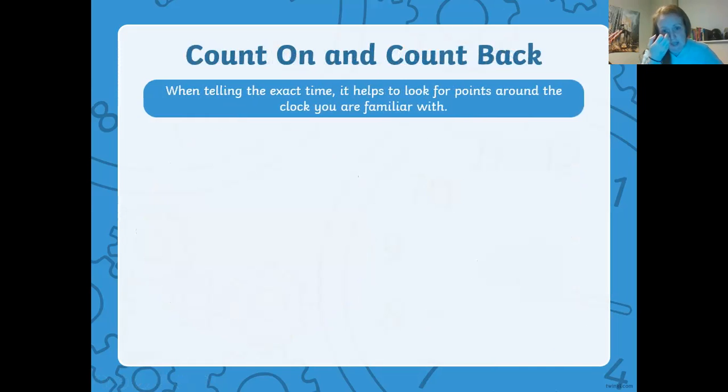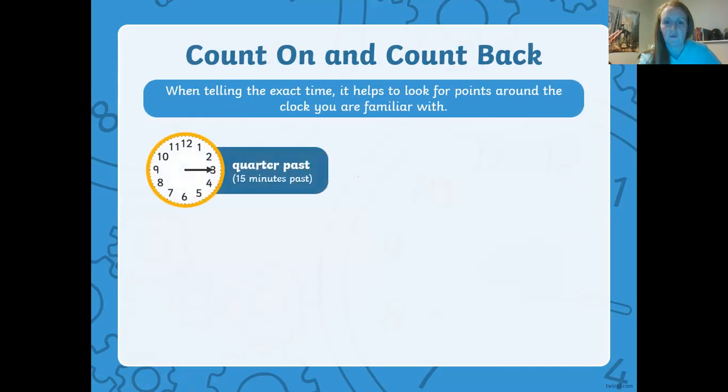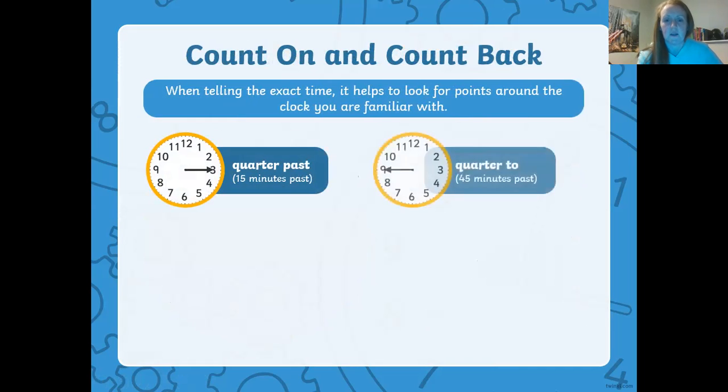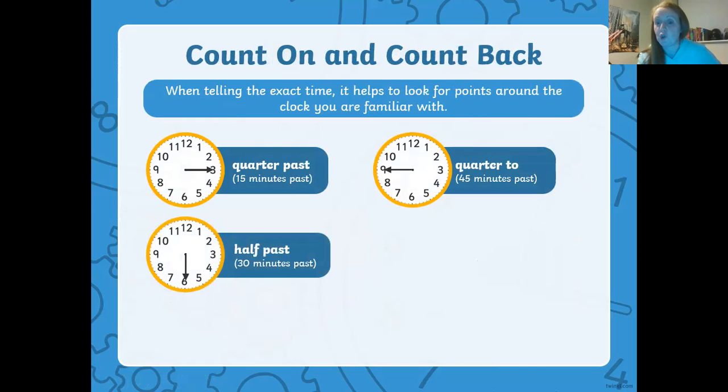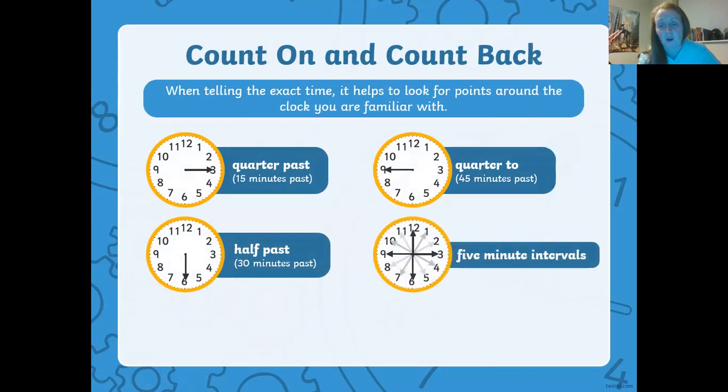Okay, so this is a little bit as I was just showing you. It's really important to look for points that you know. So looking for your quarter past, which we know is 15 minutes past, your quarter to, which we know is 45 minutes, your half past, which we know is 30 minutes, and then your 5-minute intervals.